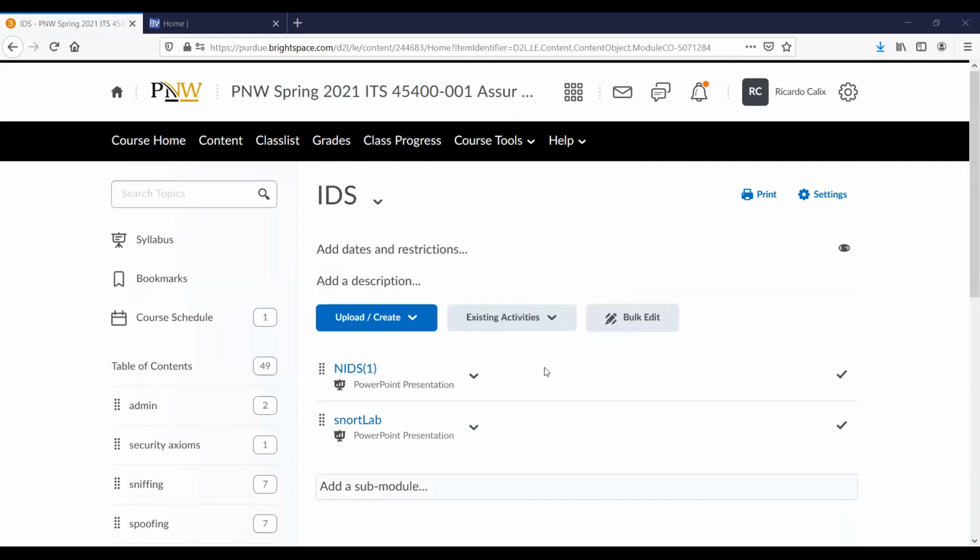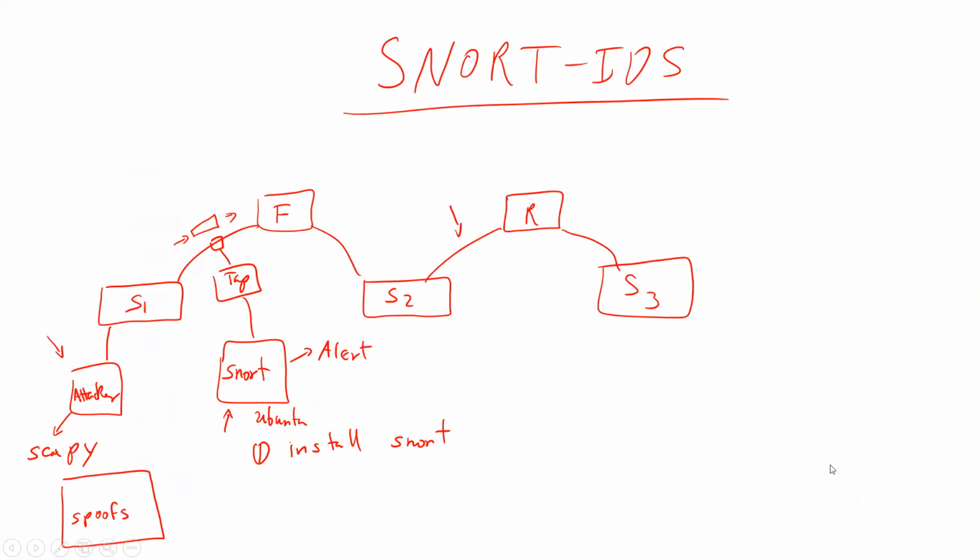All right, here it is. This is your lab for this week. All right, this is the lab for the next lab.